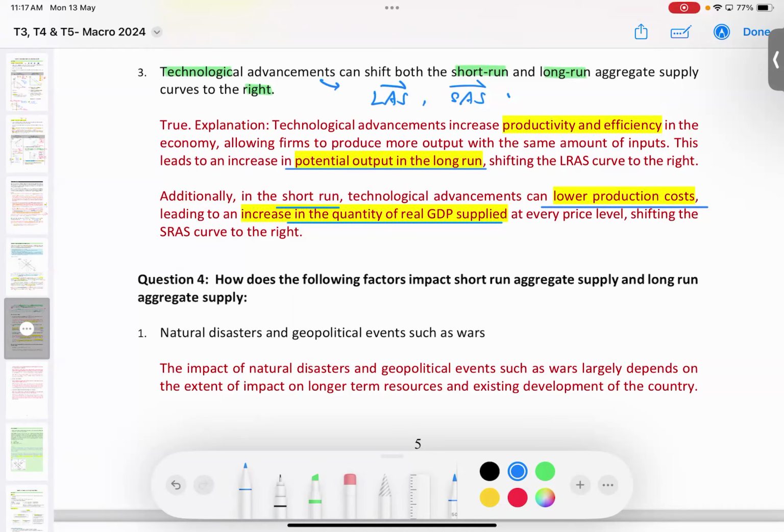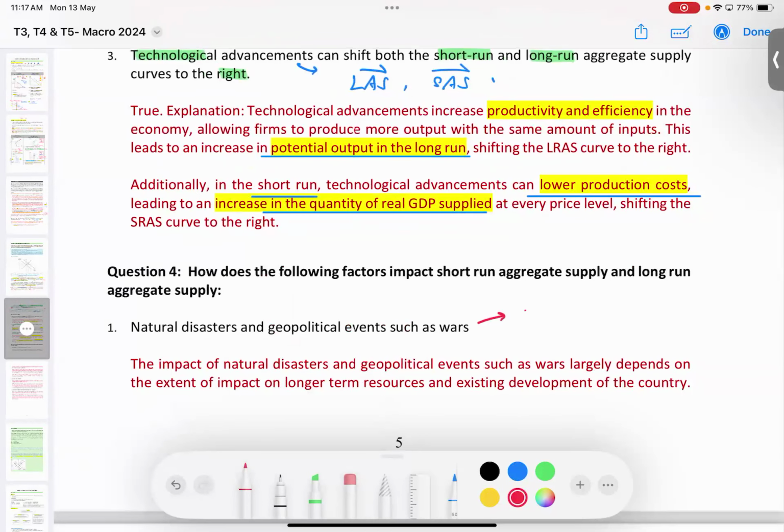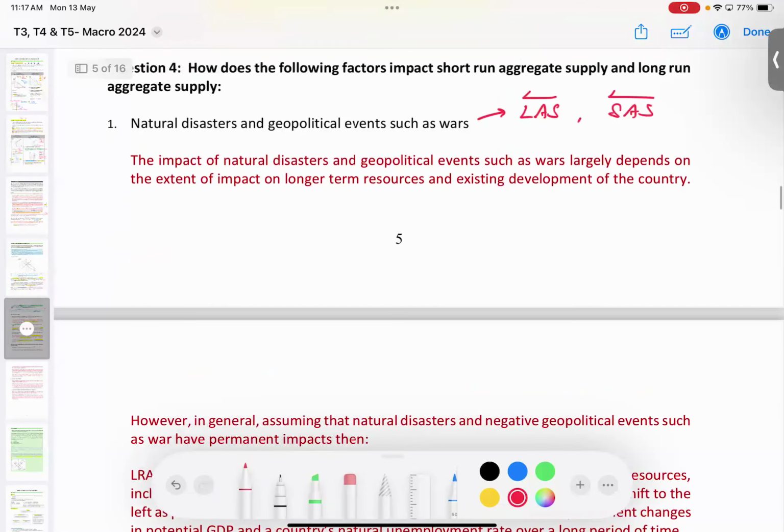So it will affect the LRAS. If it affects the whole country, the LRAS curve shifts leftwards. Whatever shifts LRAS will shift SRAS as well, so it also shifts leftwards.